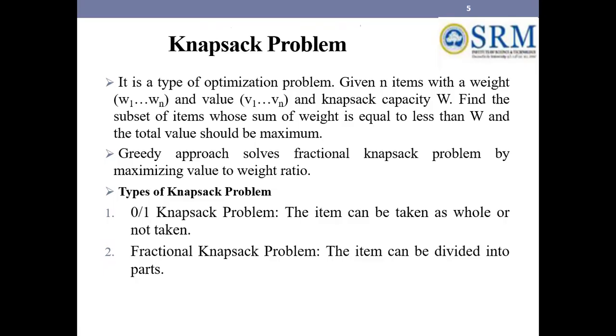The fractional knapsack problem can be solved using the greedy approach. Fractional means a part of the item can be taken, for example 5 kg, 2 kg or 3 kg. This fraction of the item can be taken for adding into the knapsack. That is called fractional knapsack. What is 0-1 knapsack?